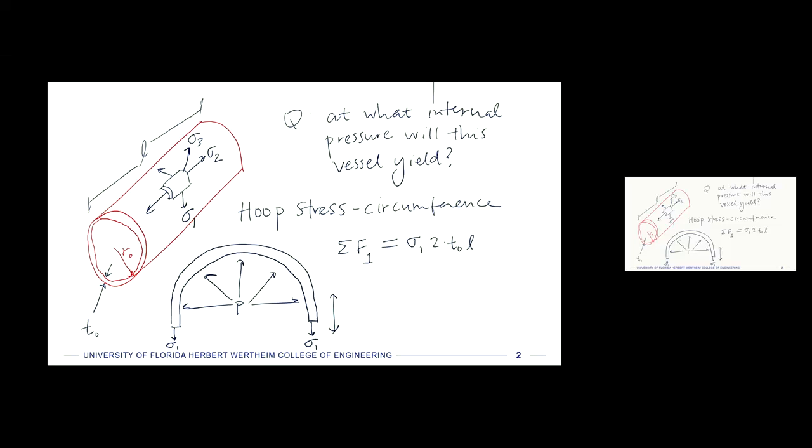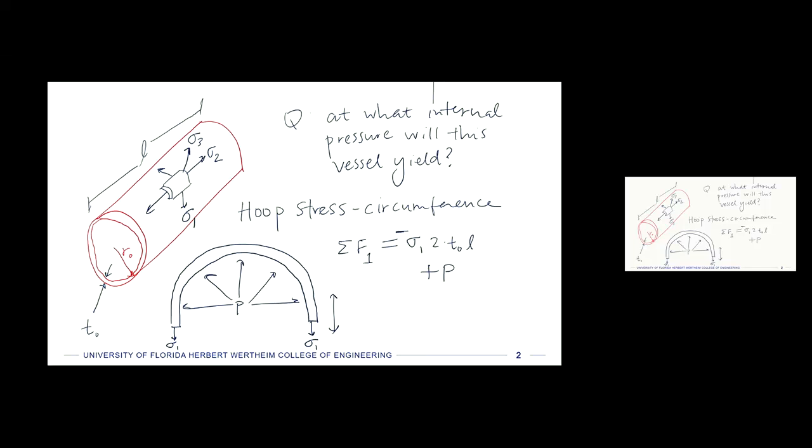And then counteracting that, and so that's a direction downward, so let's make that minus, okay? And then acting upward is going to be the pressure, right? The internal pressure acting upward, so that's P. That has units of pressure. We also need another area to multiply that by.